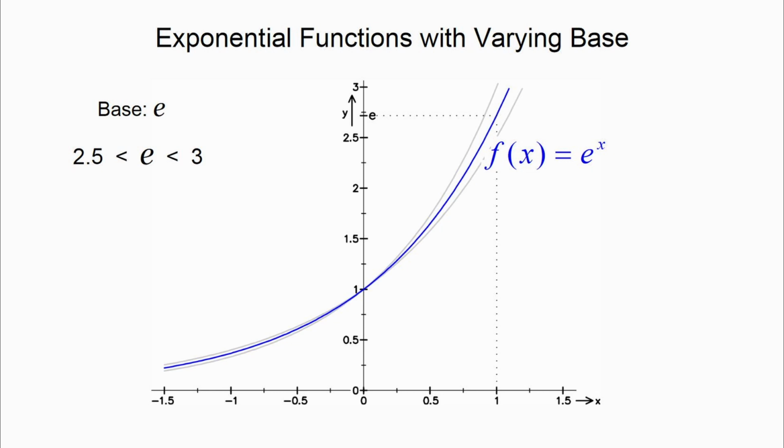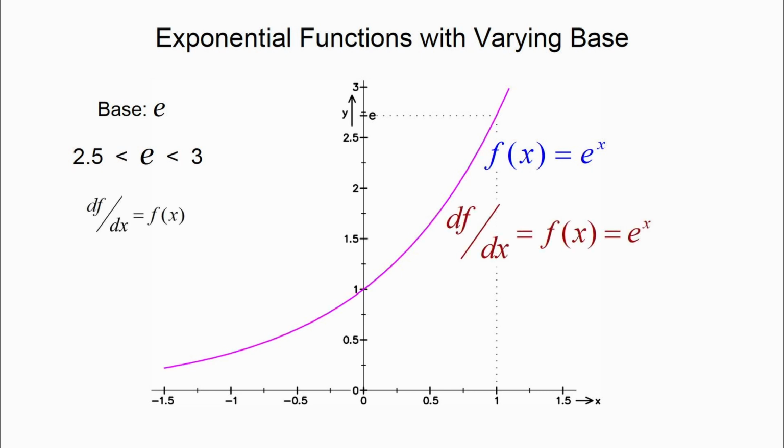This number, the value of which is yet to be found, is designated by the symbol e after its inventor, the Swiss mathematician Leonhard Euler. Indeed, using this for the base of the exponential will cause its derivative to completely coincide with the function itself.